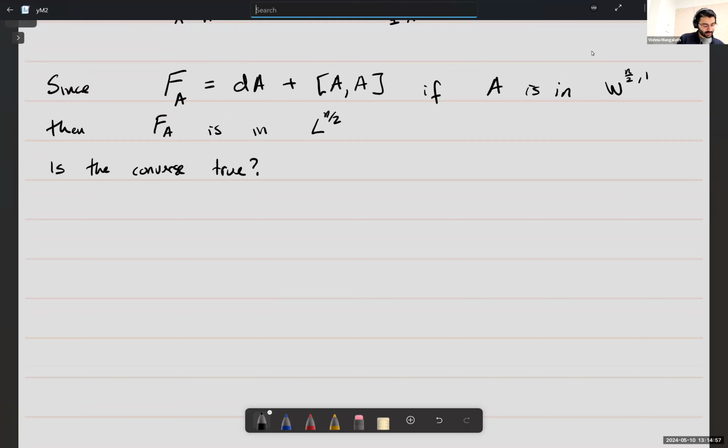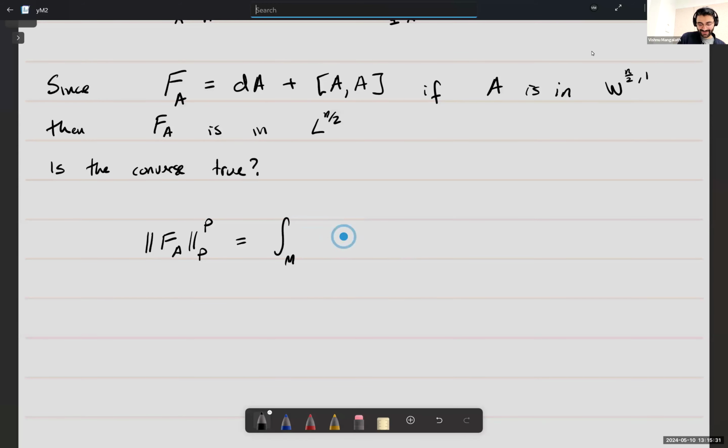well, this norm, the norm of F_A, is equal to the integral over M of this quantity, F_A comma F_A to the p on 2, d mu.